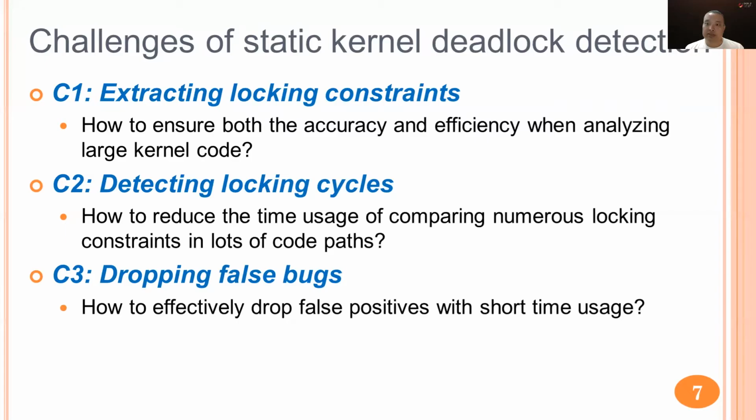Second, when detecting locking cycles, it is challenging to compare numerous locking constraints in lots of code paths. Finally, to achieve better accuracy, it is challenging to drop false positives with short time usage.